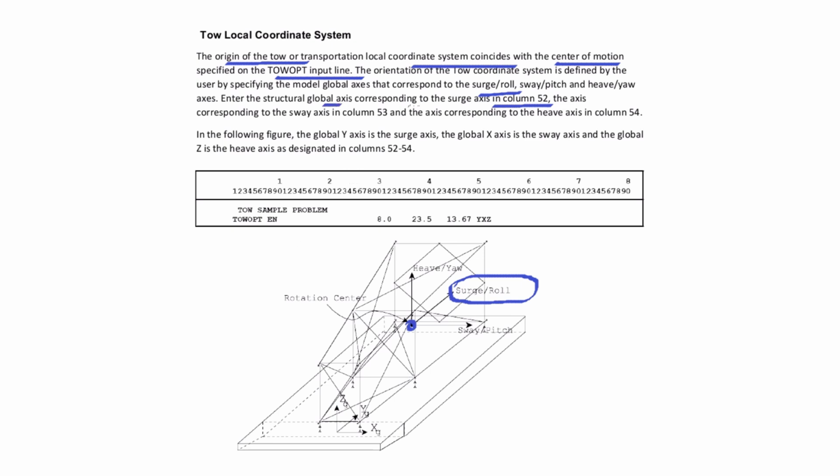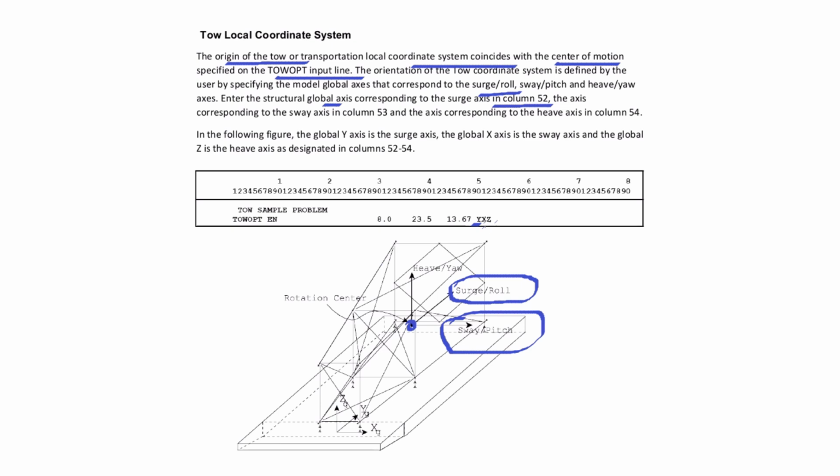Which global axis corresponds to the surge axis? For example, here the global y axis corresponds to surge or roll, the global x axis corresponds to sway or pitch, and the global z axis corresponds to heave and yaw. That's how it's defined in this example.